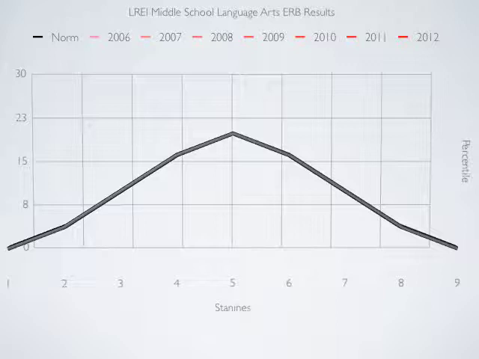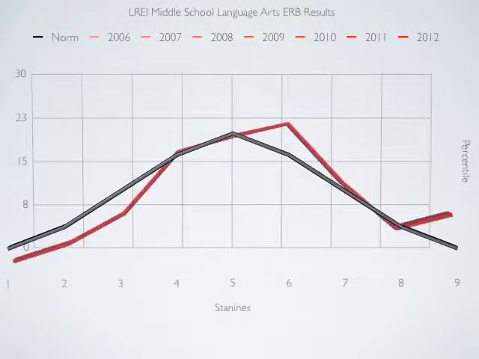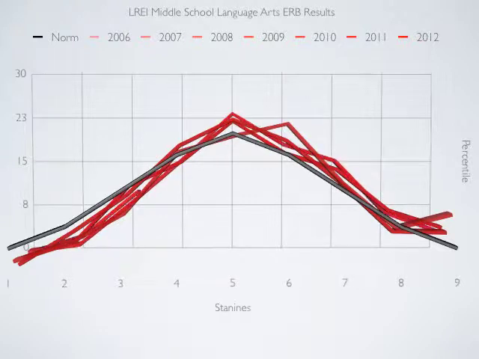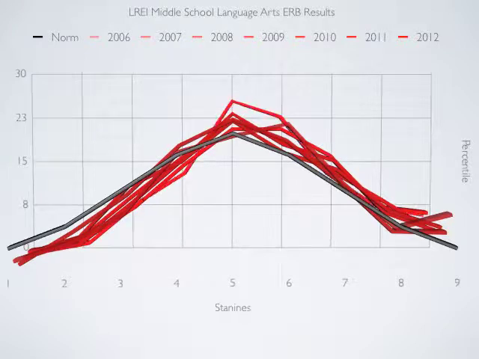Now these are for language arts scores, and they're aggregate scores for all students for a given year in 5th, 6th, 7th, and 8th grade. So there's our scores for 2006, 2007, 2008, 2009, 2010, 2011, and 2012.